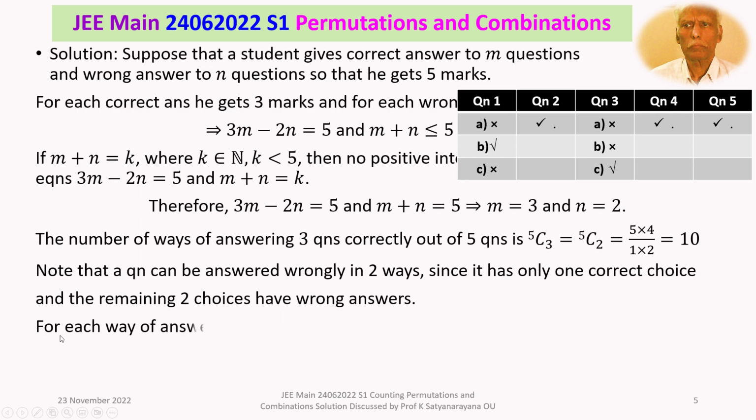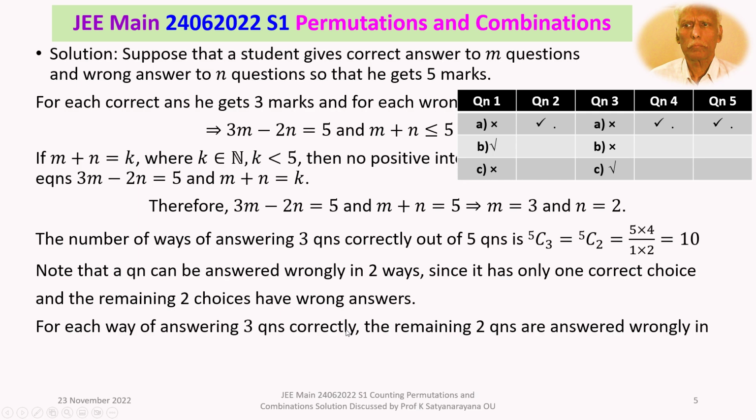So for each way of answering 3 questions correctly, you got 9 marks. The remaining 2 questions are answered wrongly in 2 into 2, 4 ways by using the product rule of counting. So in the above we have said a question can be answered wrongly in 2 ways.